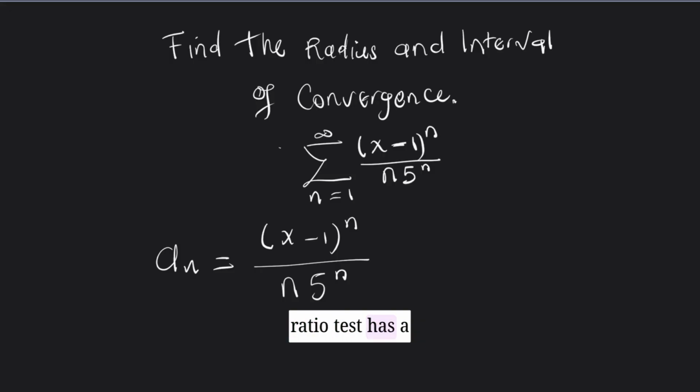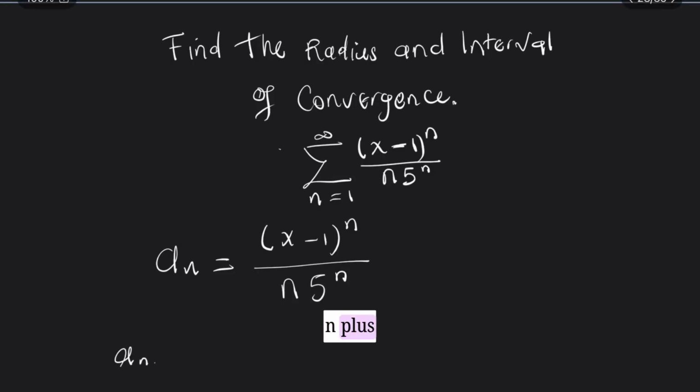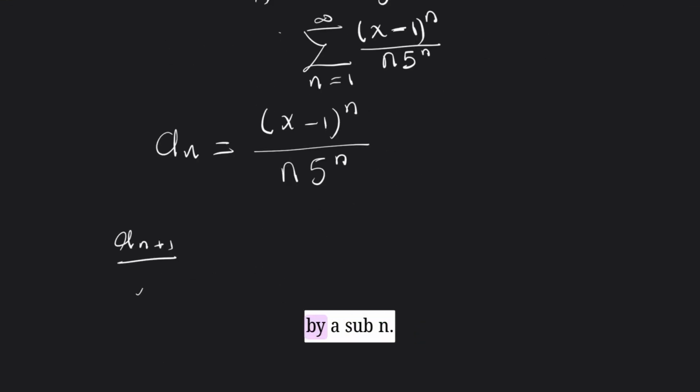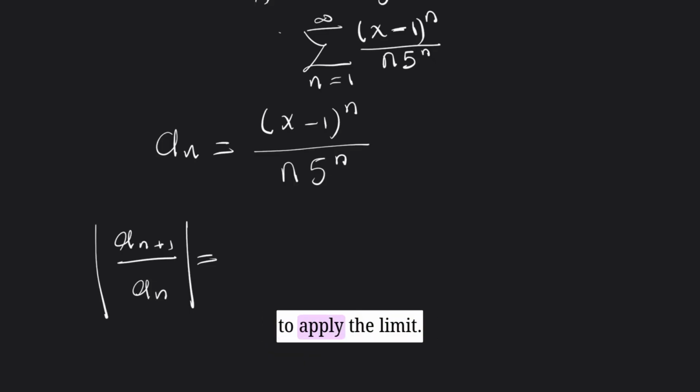We are going to use the ratio test. So remember, the ratio test has a sub n plus 1 divided by a sub n. We're just going to compute this, and then apply the limit. Okay, so let us compute this ratio. So a sub n plus 1 means where there is n, I put n plus 1.